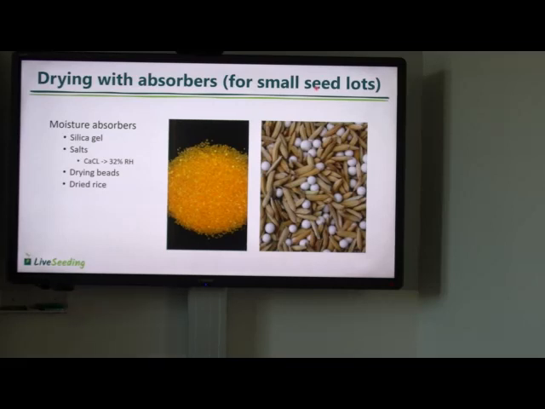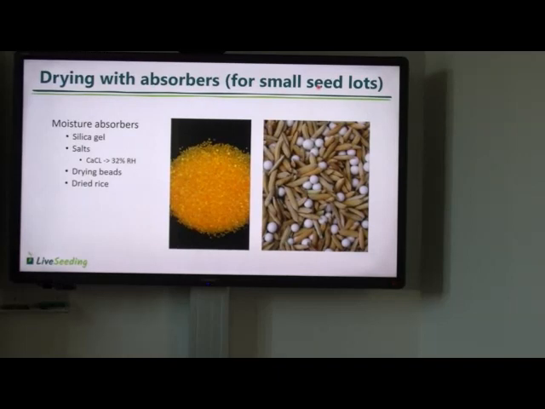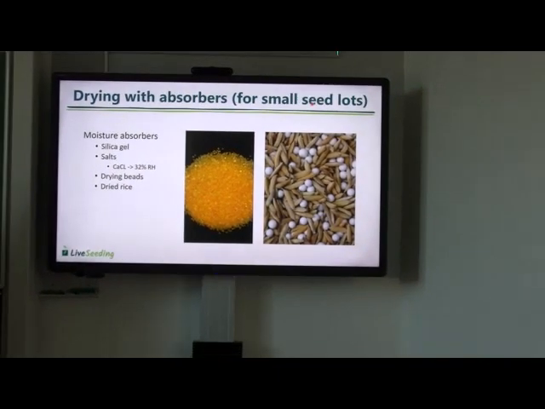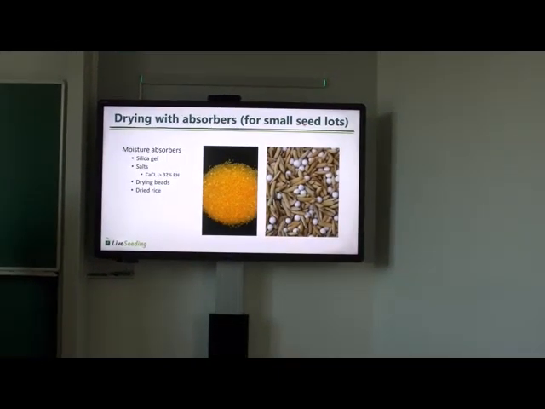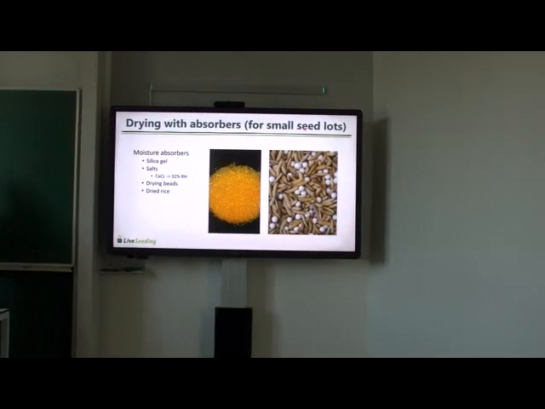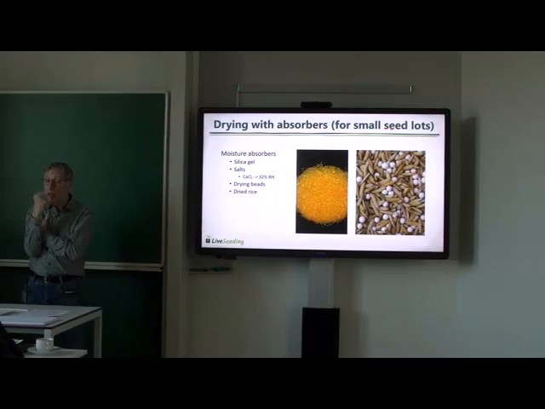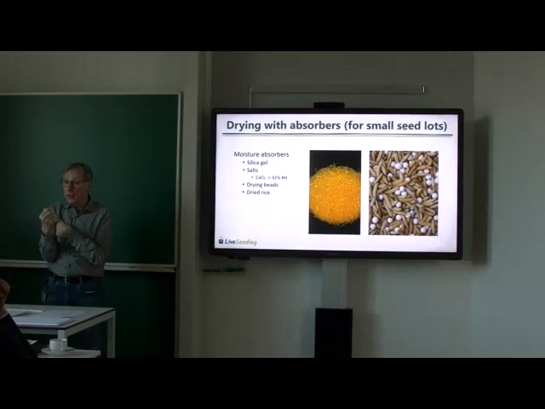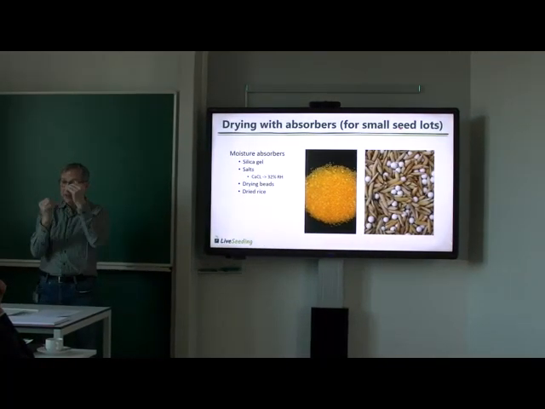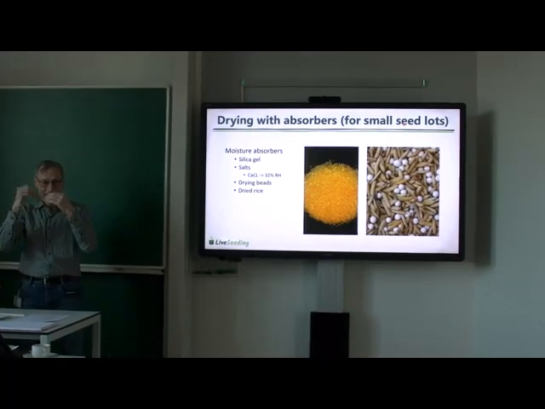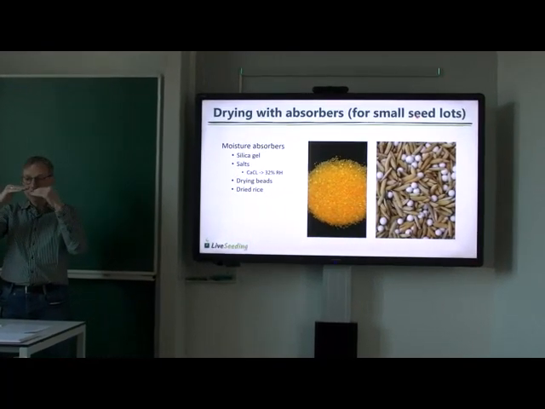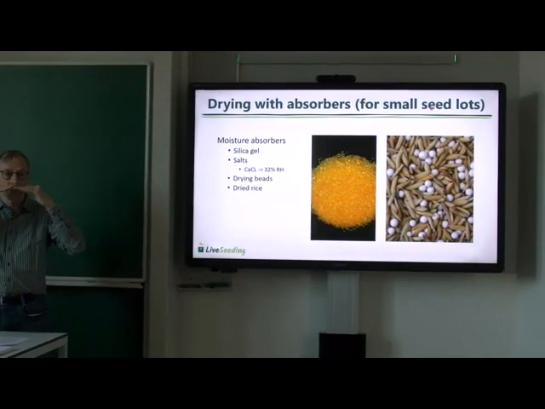So that very well-known absorber is to dry silica gel. That's quite often used. Salts can also be used. You know that salt attracts water, and depending on the type of salt, it absorbs moisture till it is wet, and then you get a certain relative humidity above the salt.